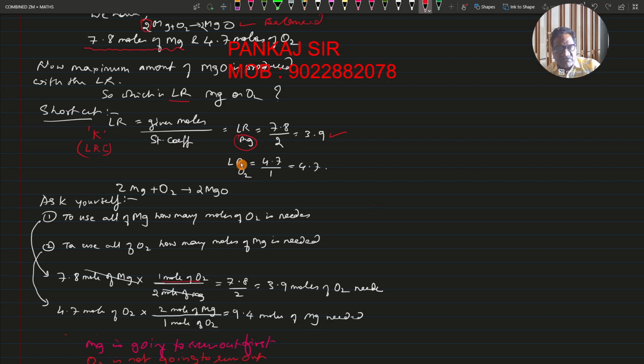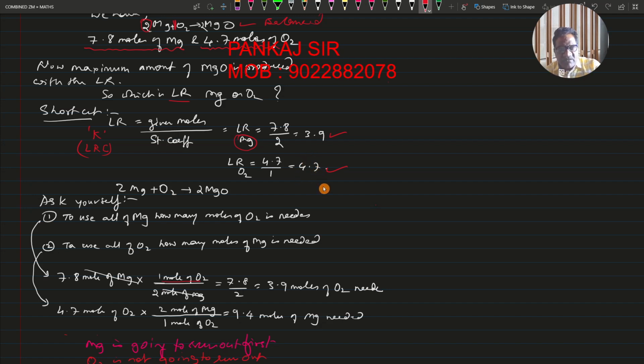For oxygen, the given moles is 4.7, divided by the stoichiometric coefficient of oxygen. Because there's nothing in front of oxygen, that means there's a 1. So it will be 4.7 upon 1, which is 4.7. So both the constants you have with you.